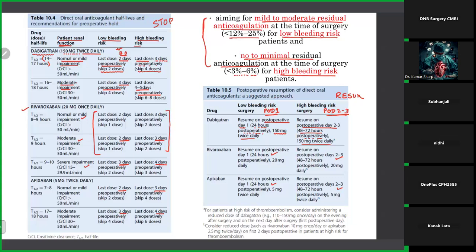So it starts very fast. So just remember all of you, if you're using dabigatran or rivaroxaban or apixaban, you don't need a bridging therapy like you need for warfarin. Isn't that right, Dr. Upadhyay? Absolutely, sir.